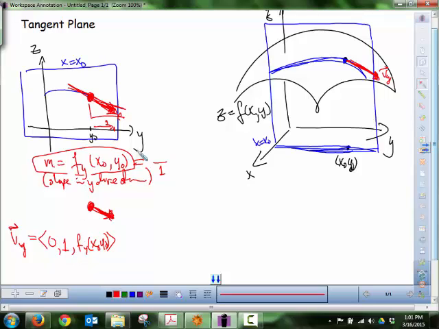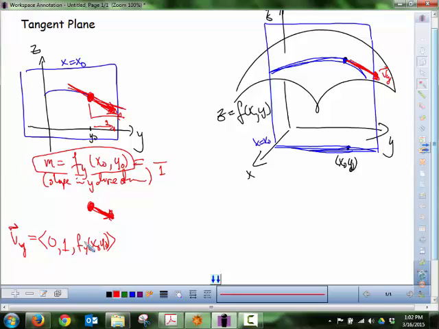And then for the y and the z, it's the rise over run. The rise over run has to match the slope. The slope is Fy, evaluated at x naught, y naught. So if we force the run to be equal to 1, then the rise would be the slope itself, Fy.